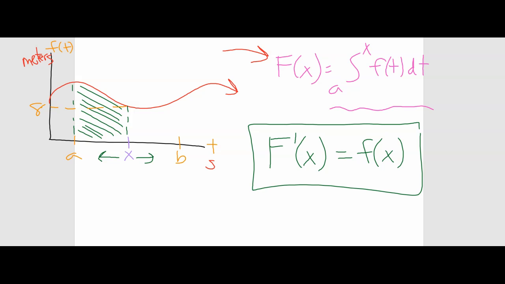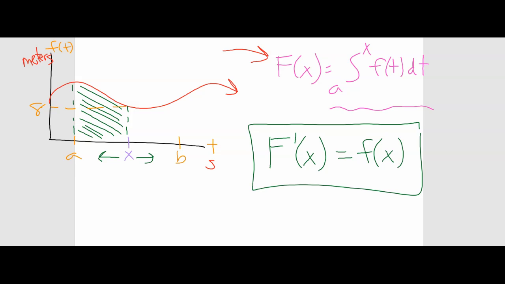So if you took a derivative of the function that represents the displacement, you're going to get how that displacement is changing. Well, at x equals 8 here, the displacement is changing at a rate of 8 meters per second at that specific instant.